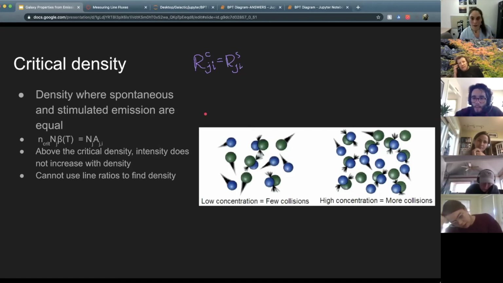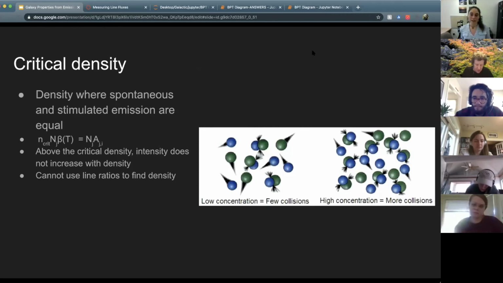And I should also really quickly point out that throughout these examples, I've been using electron number density, which assumes that our collisional partner is going to be electrons. That's going to be true when we're in the ionized phases of the ISM, but it's not going to be true when you're in the neutral phases, when there's more neutral hydrogen.